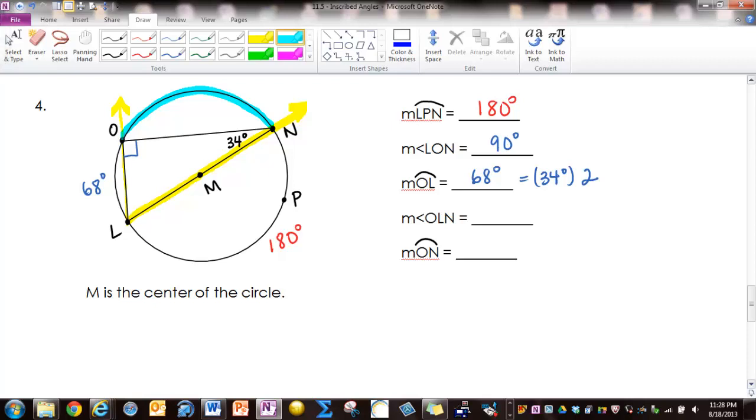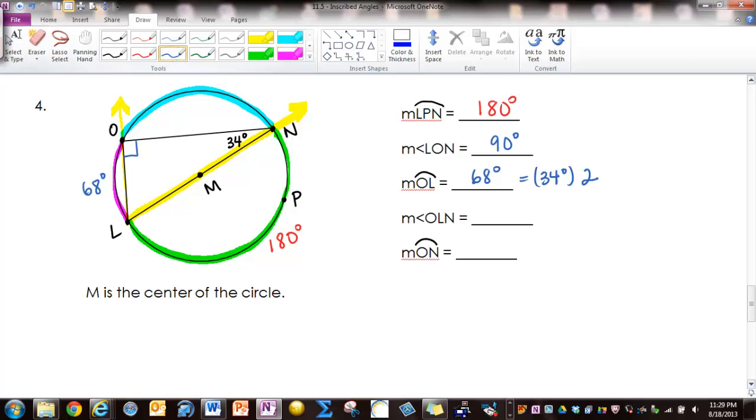So, if we want to find the measure of angle OLN, we can take half of the blue arc. Now, in order to find that blue arc, we notice that all the arcs in the circle add up to 360 degrees. So, if we look back here, this one in green was a semicircle. It had measure 180. This one right here in purple has measure 68.